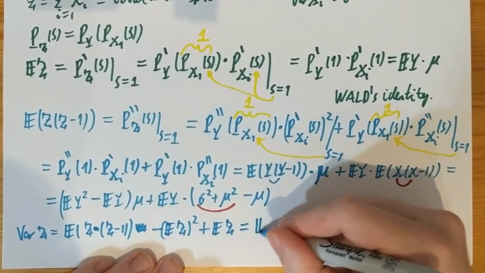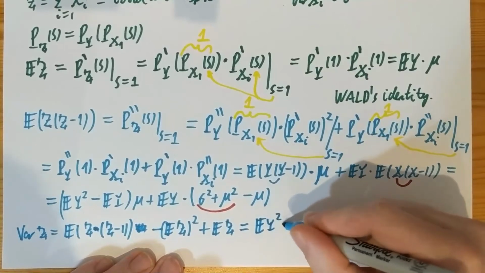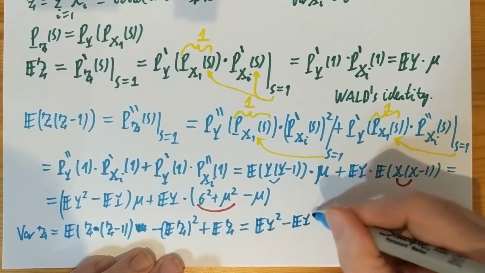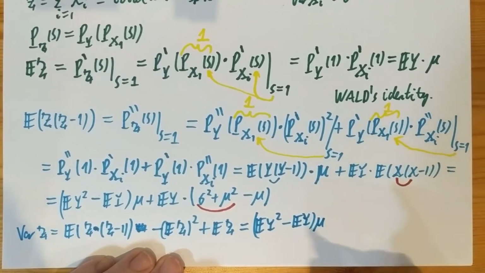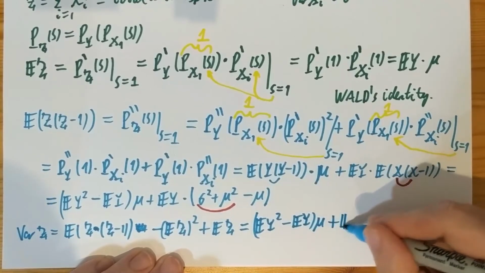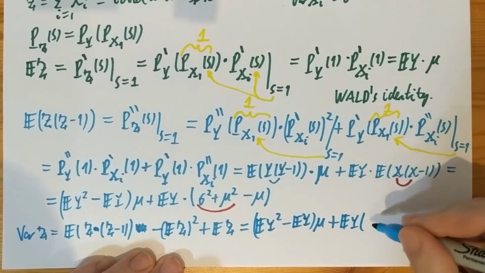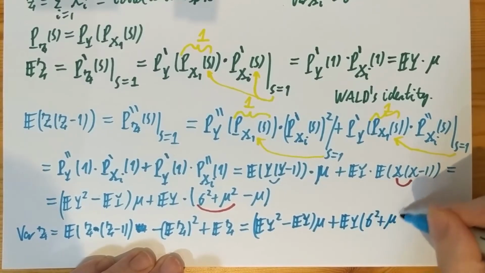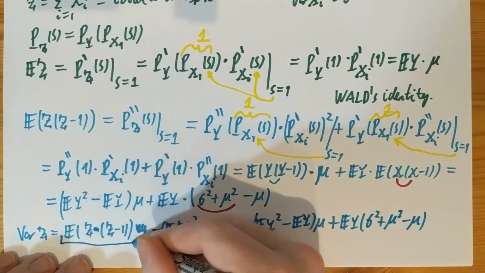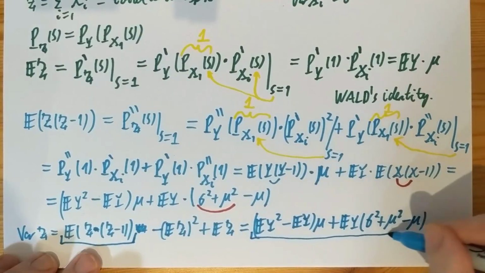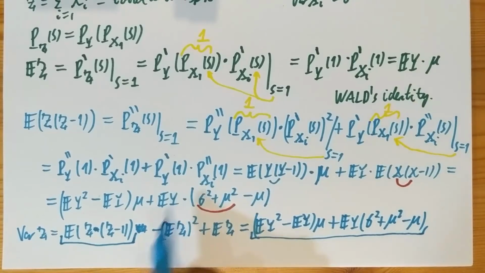So it gives me E of Y squared minus E of Y multiplied with mu, then plus E of Y times sigma square plus mu square minus mu. So far I wrote down the second factorial moment of Z from the previous line. I just copied everything from the previous line.